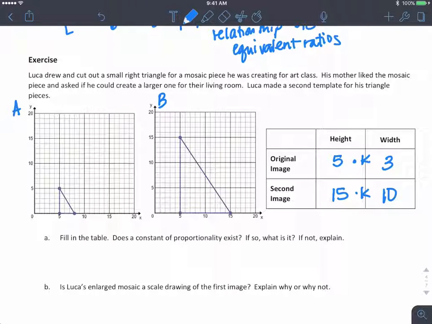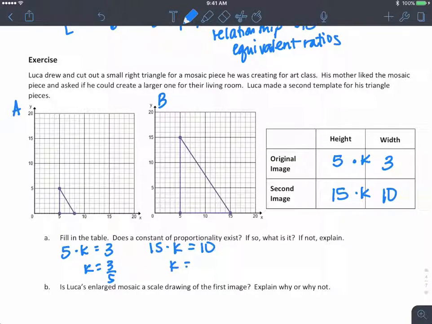I need to take my 3, right? 5 times k is equal to 3. Alright, and my k value would end up being 3 over 5. Do we get 3 over 5 for the other one? Let's see. 15 times k is equal to 10.